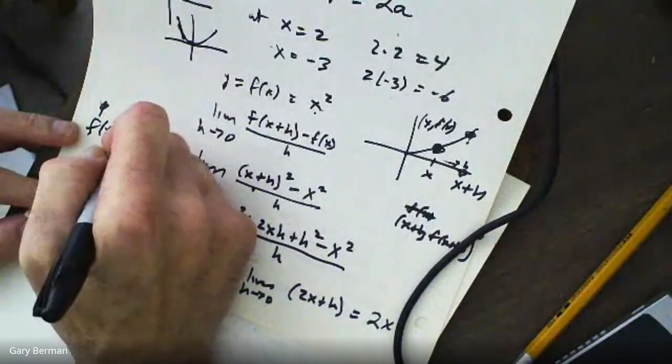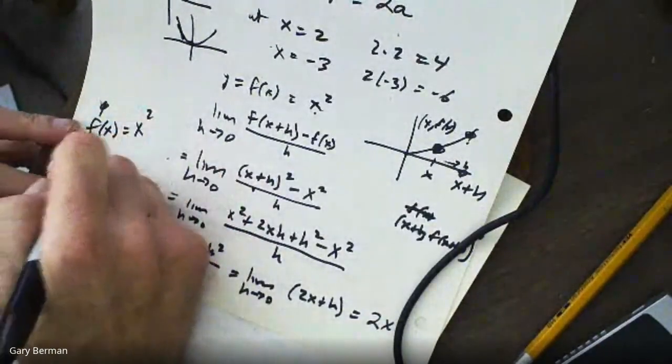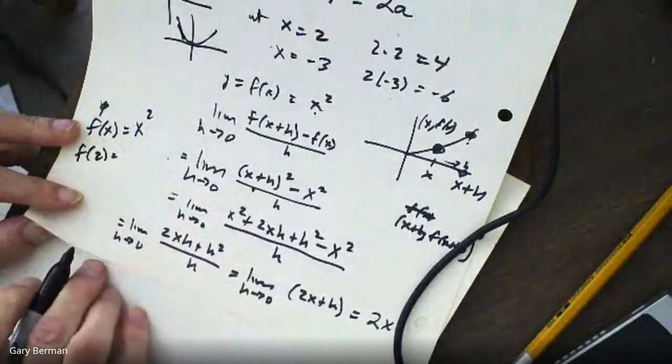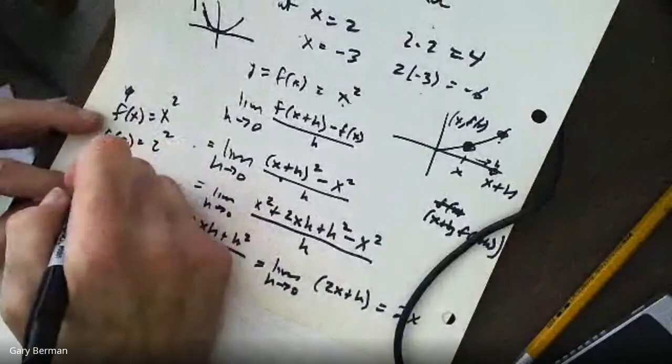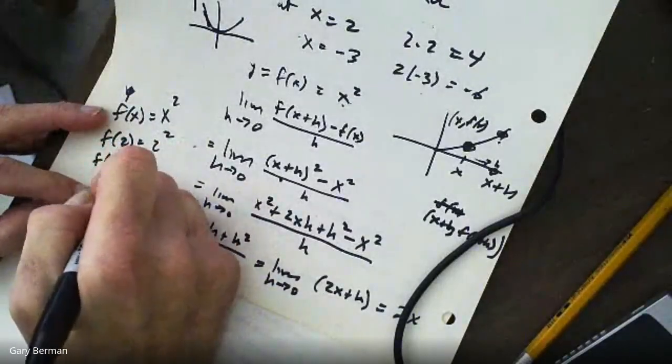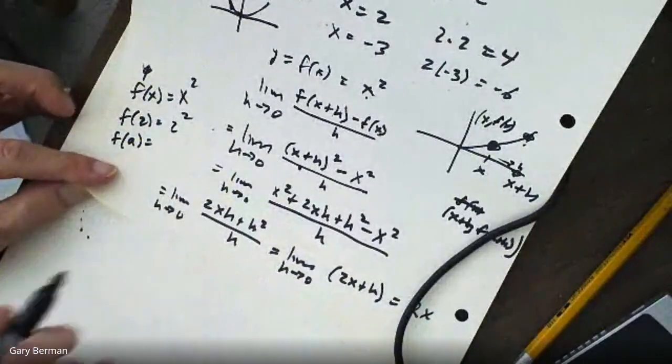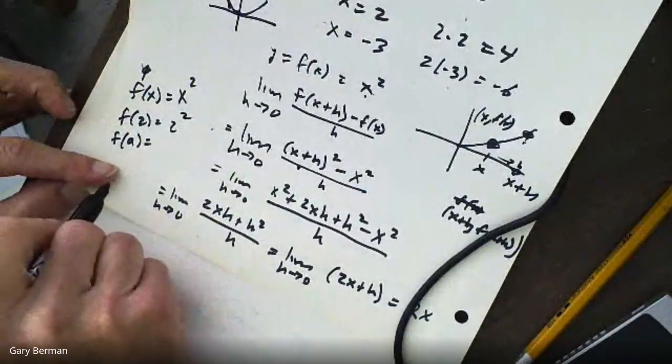If f of x is equal to x squared, what does f of 2 equal? 4, because it's 2 squared, right? What does f of a equal? a squared.